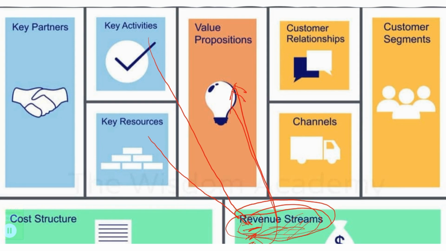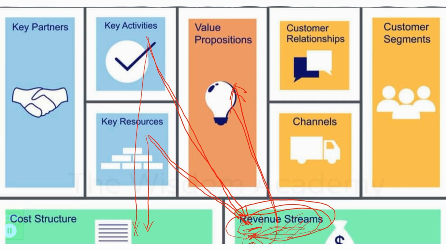Again, to create these products and services, we need certain activities to be performed, and to perform those activities, we definitely need certain resources. Okay, so these key activities and key resources, these two elements influence costs. So whatever the resources, say for example, to construct a building, we need cement resource, we need labor resource.